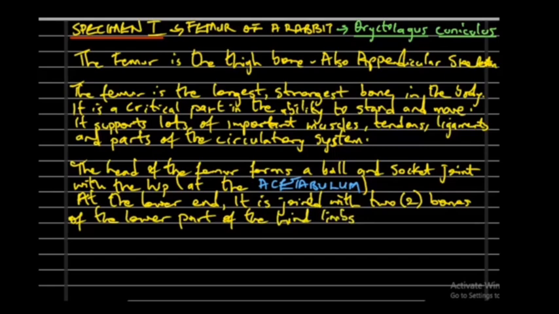Let me put it that way. And these bones, we refer to them as the tibia and fibula. Those are the two bones that are found in this part of the body. The tibia and the fibula.